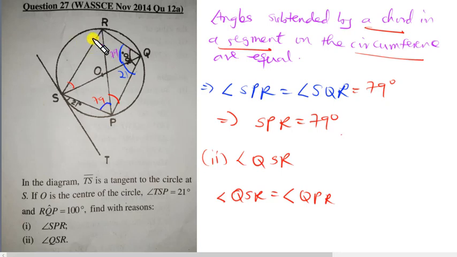So let us put that one also here, 21. All right, so all these angles are equal because they are subtended or formed by a single chord.